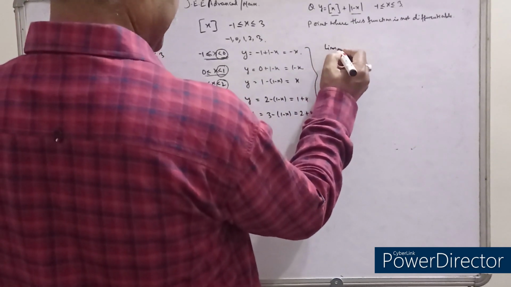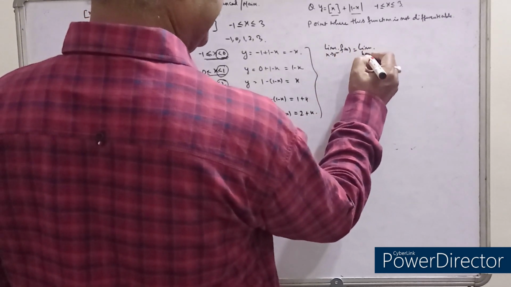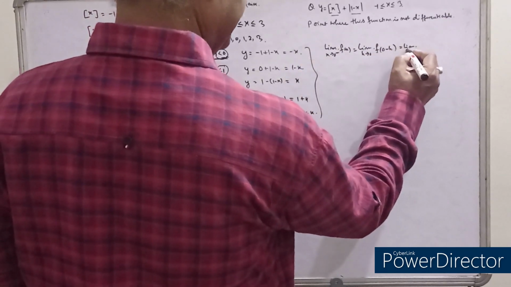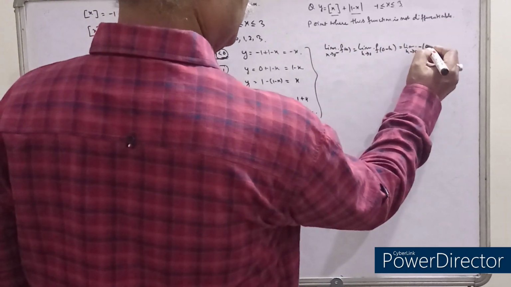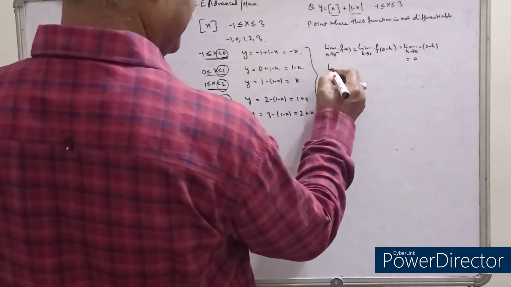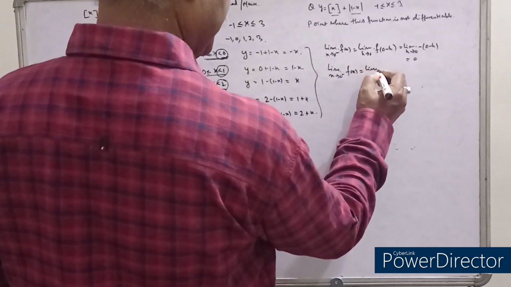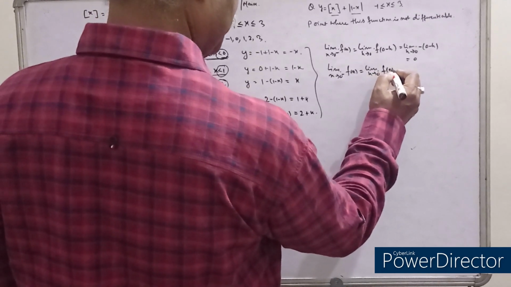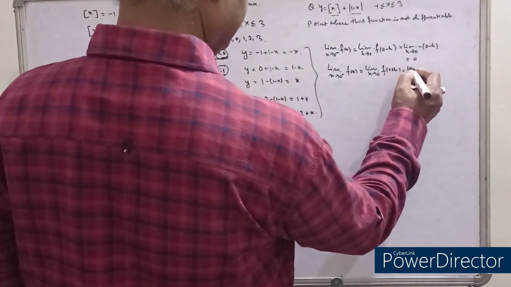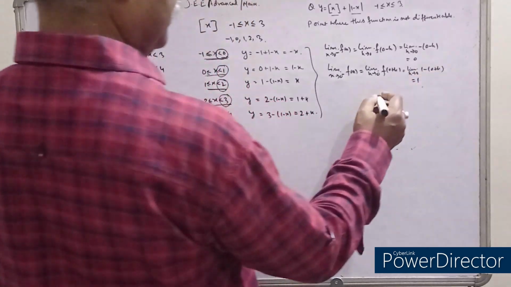Limit x tends to 0 minus f(x) is equal to limit h tends to 0 of f(0 minus h), so this will be limit h tends to 0 of minus(0 minus h), which is 0. And if you take the right hand limit, limit x tends to 0 plus f(x), this will be limit h tends to 0 of f(0 plus h), which is the function greater than 0, and this will come out to be limit h tends to 0 of 1 minus (0 plus h). So here your answer is 1.